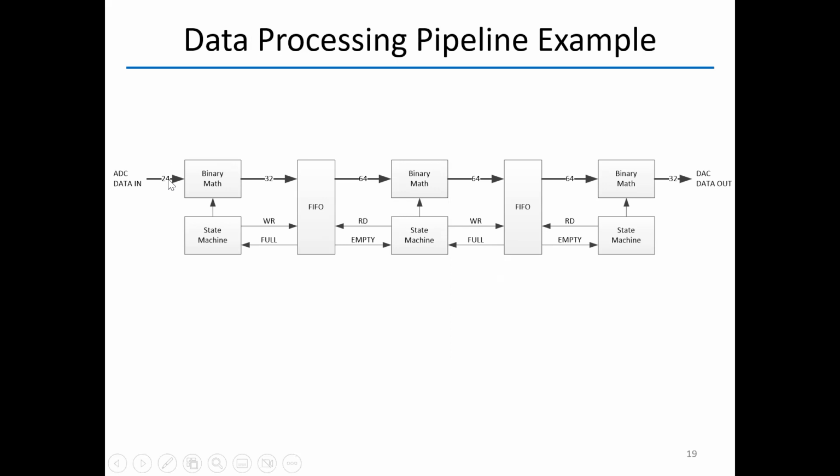This data is 24-bit. And I am gonna do some math on it. And the data coming out will be 32. So my A to D was 24-bit, but after doing the math, it is 32-bit.